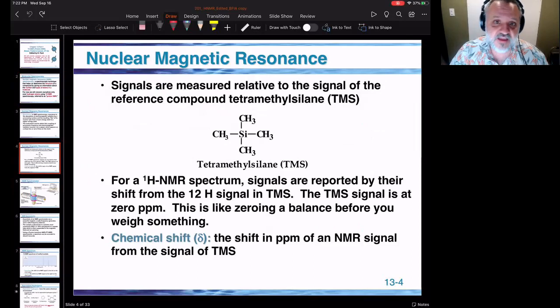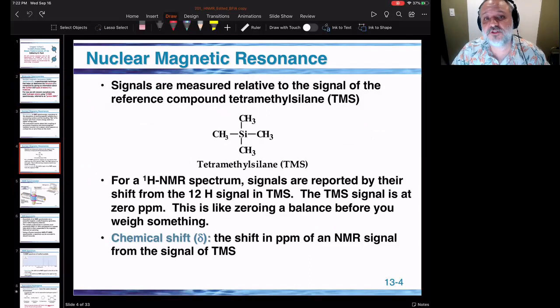The first thing I want to say is that the signal in NMR has to have a reference. So we're going to use trimethylsilane as the reference. If you take a look at all of those hydrogens attached to all of those methyl groups, it's a methyl group attached to a silicon, and the silicon is attached to 3 other methyl groups.